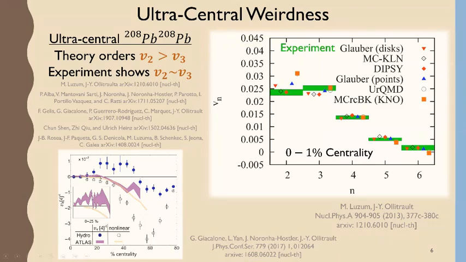The theory has this crossover at about 20% centrality, whereas the experiment has a crossover more around 40 to 50% centrality. So this is another area where our models are breaking down and not capturing all of the physics present.